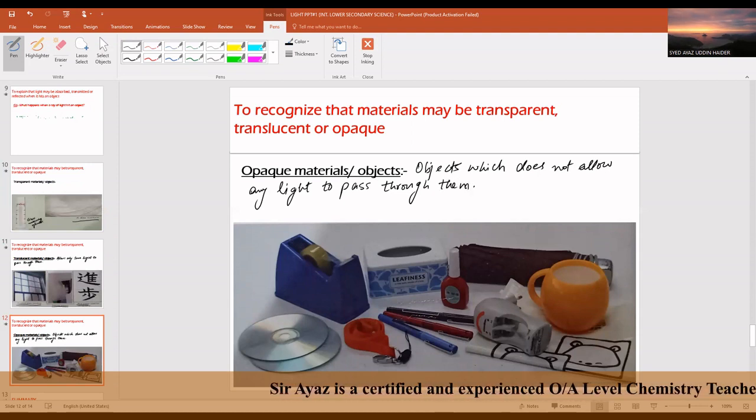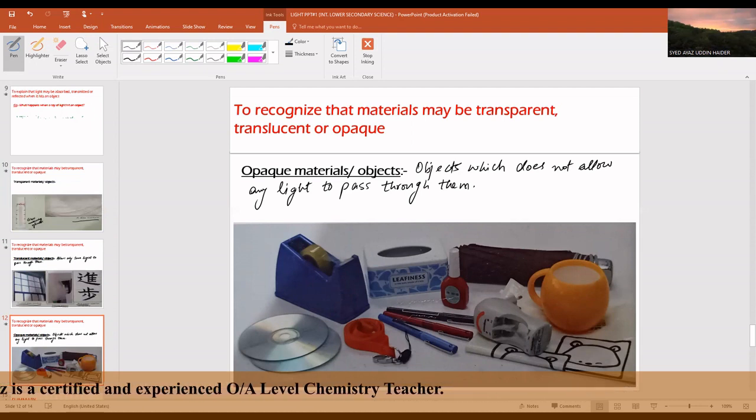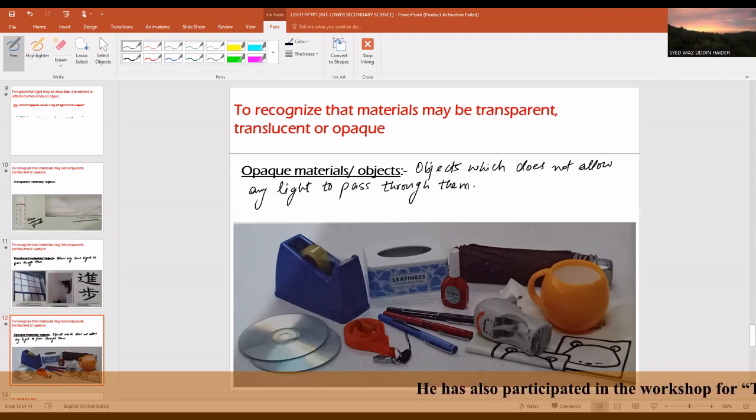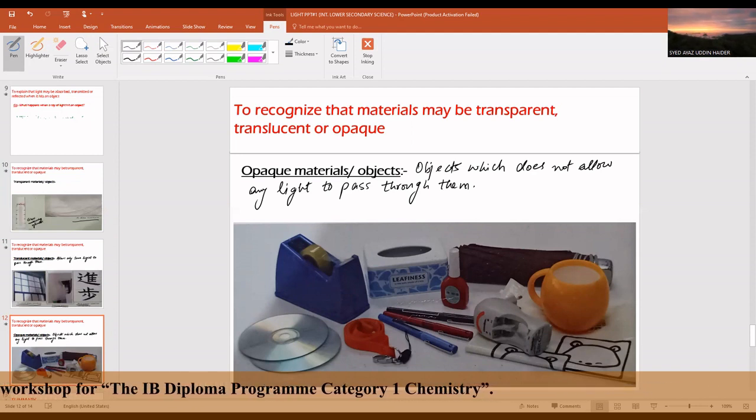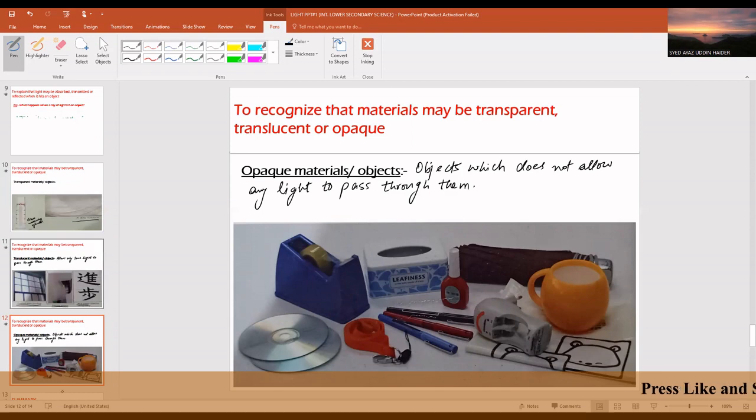There are lots of examples in our daily life, like wooden objects, plastic objects, and these materials. You see different objects here. They all are examples of opaque materials or objects. Opaque materials form shadows because they block the ray of light.